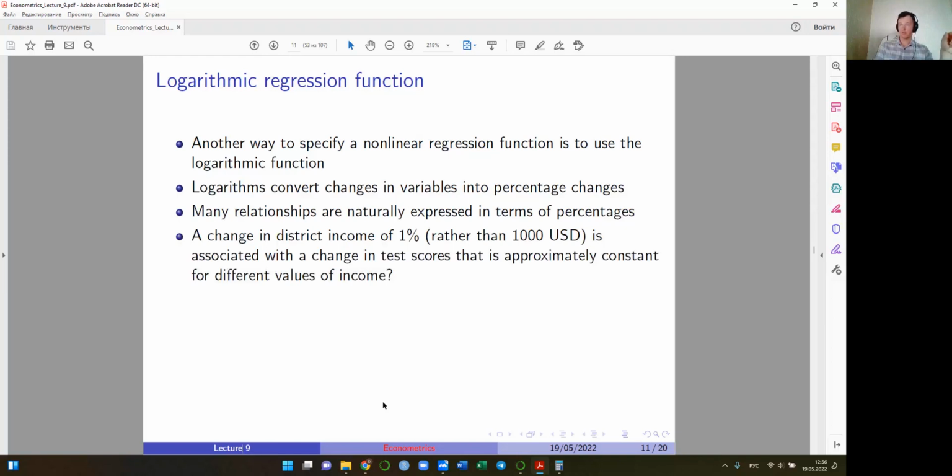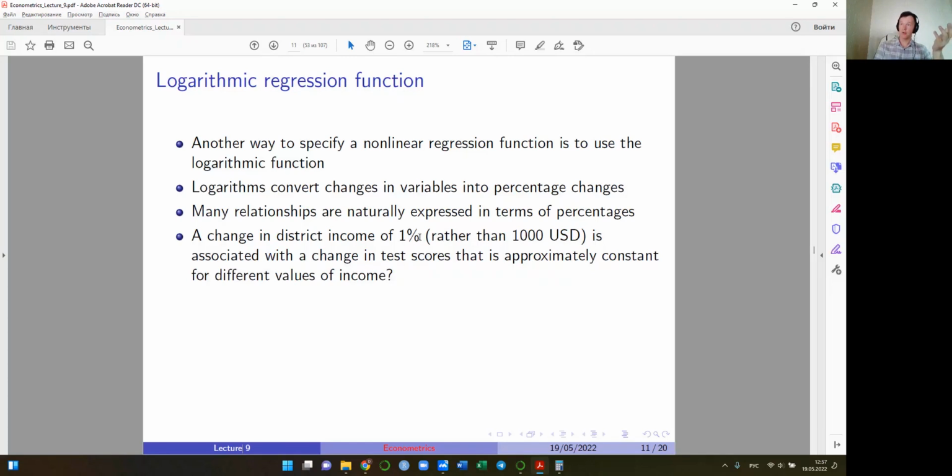In our case, the question will be: is a change in district income of 1%, not $1,000, but 1%, associated with a change in test scores that is approximately constant for different values of income? So you see that now we are switching our attention from asking what is the effect of a $1,000 change to the question what is the effect of a 1% change.